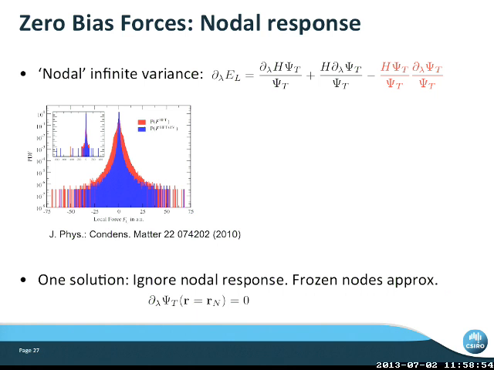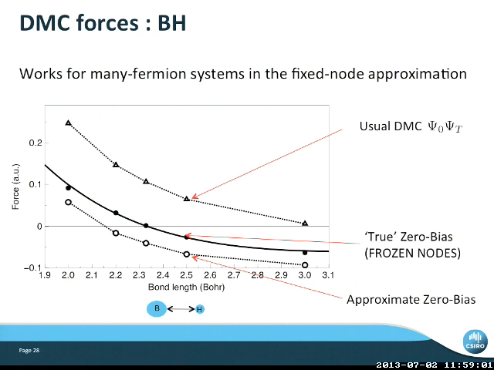So this is the frozen node approximation, and we've only applied it to a couple of things so far, so I'll just show you BH. In this case, this was a very simple DMC algorithm. I think it was a very small Hartree-Fock calculation with an electron-electron Jastrow just to get the cusps right, basically.